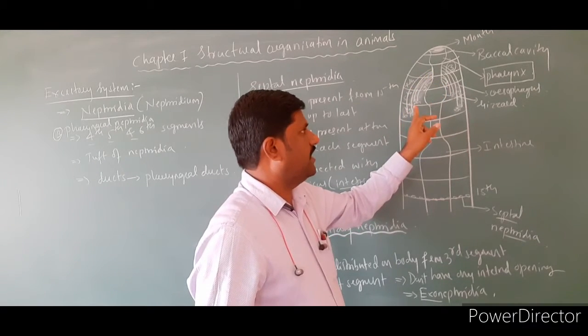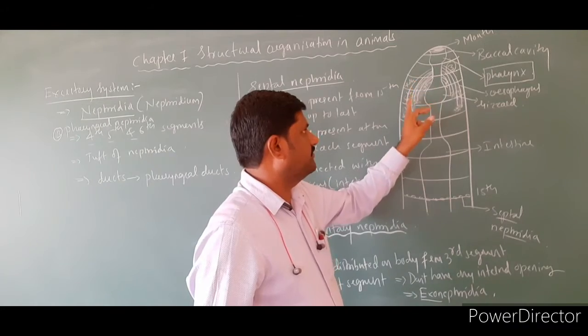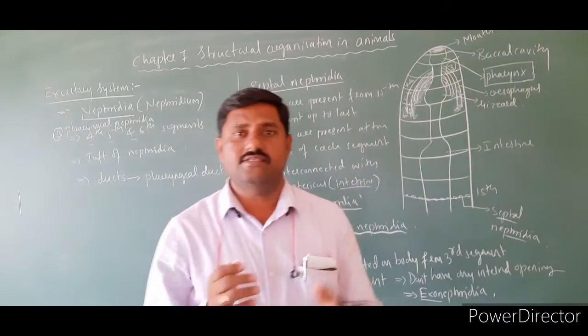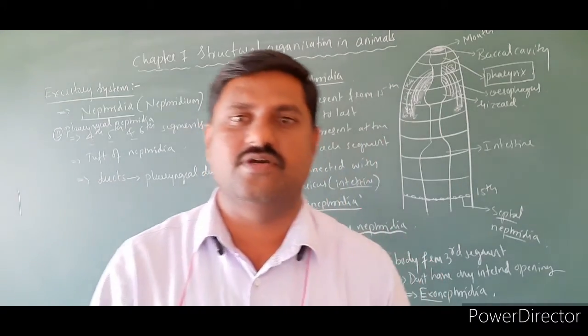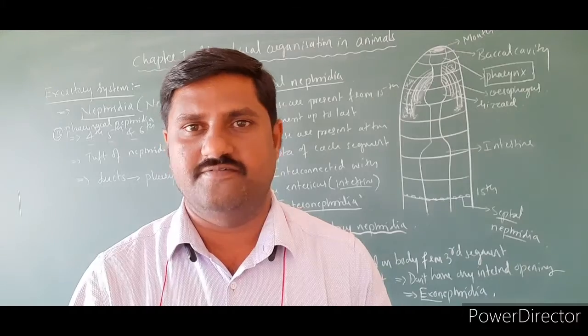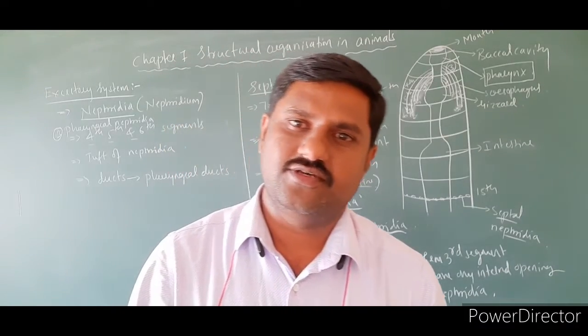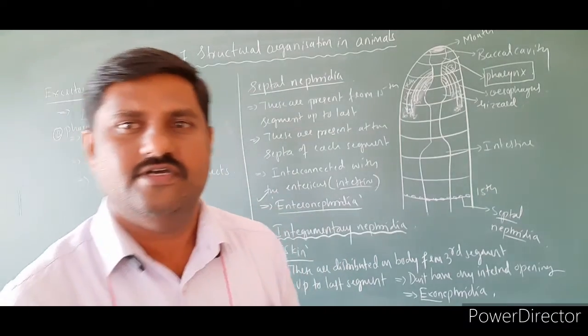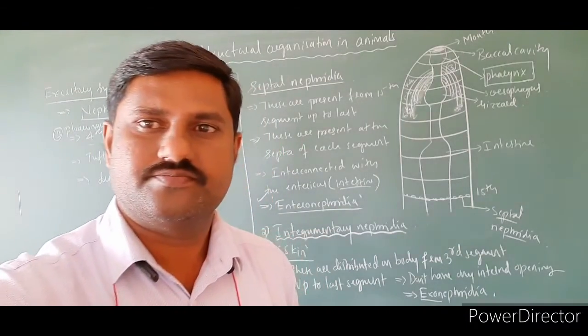They are present from the 4th, 5th as well as 6th segments, right? So these also help in removing the waste products from the body of these organisms. So this is about the excretory system of the earthworm.